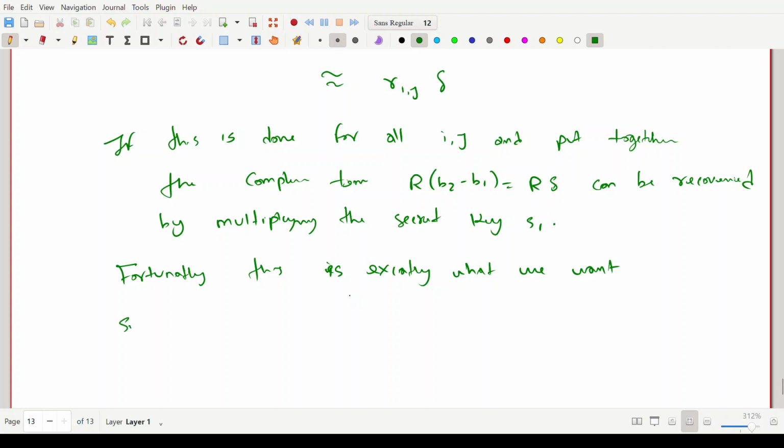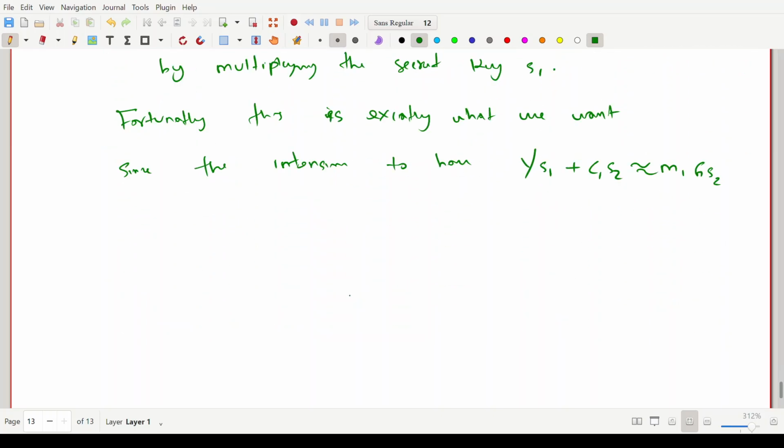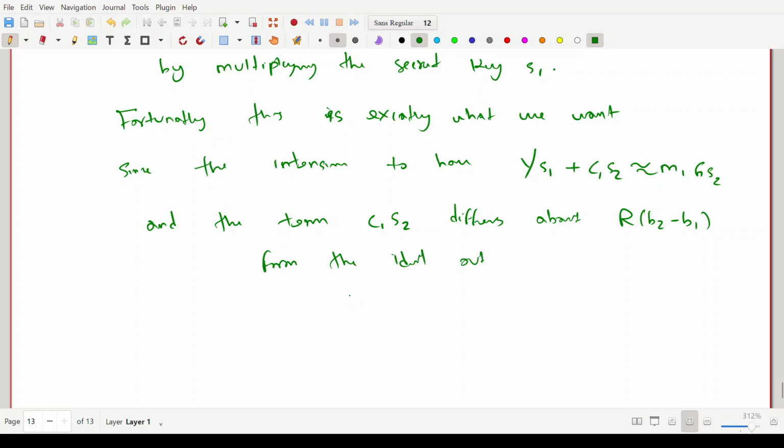Since the intention is to have this property, that is y into s1 plus c1 into s2 should be similar to m1 into g s2, and the term c1 s2 differs by r into b2 minus b1 from the ideal outcome, m1 g s2.